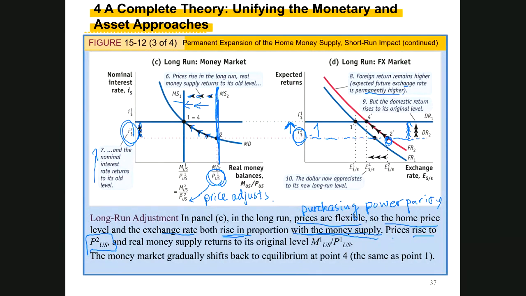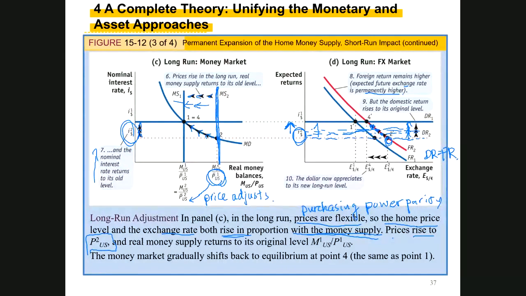Right? So if we apply DR equal to FR in the long run, we will see the long run adjustment of the exchange rate. It's moving along this curve. Okay, so there's no double whammy anymore.